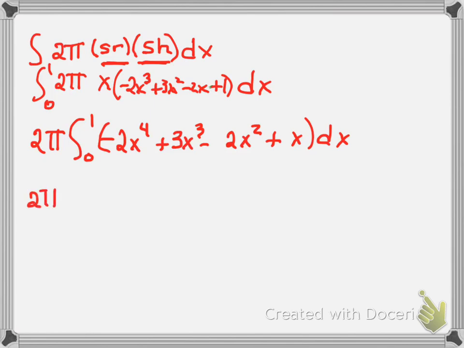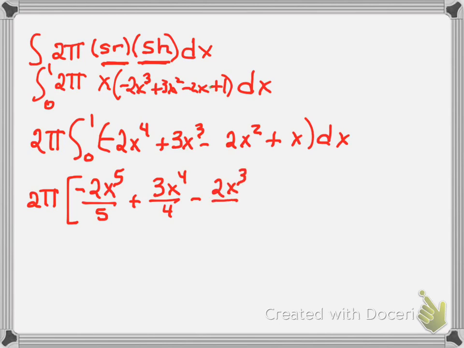Not hard, just several terms that we have to do. So we are going to end up with a negative 2x to the 5th over 5 plus 3x to the 4th over 4 minus 2x cubed over 3 plus x squared over 2 from 0 to 1.